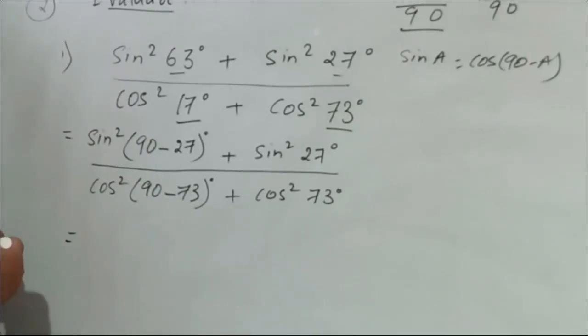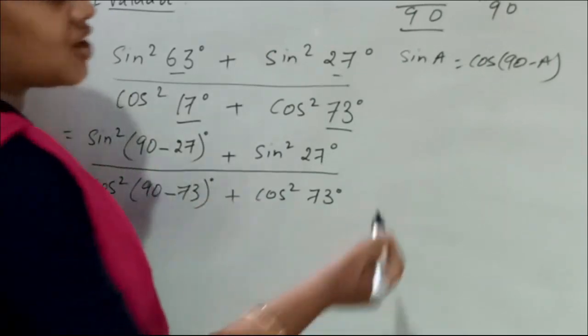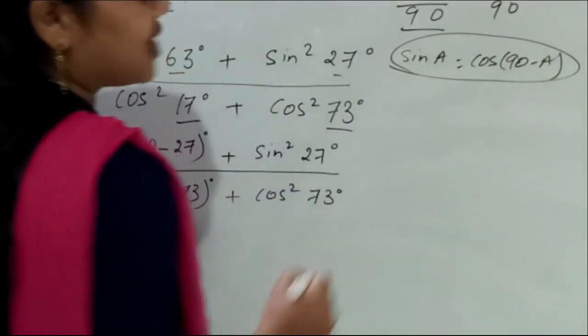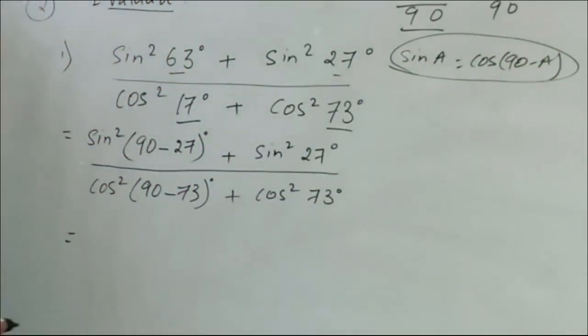Now we know that sine and cos are complementary. Sin A is equal to cos(90 minus A).